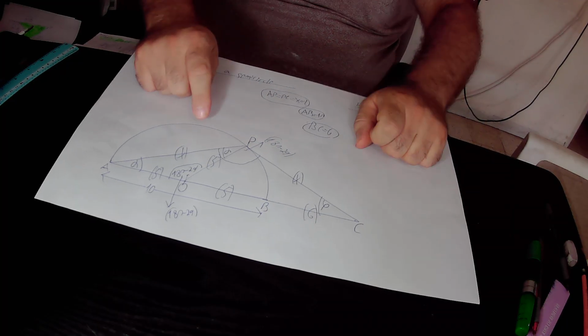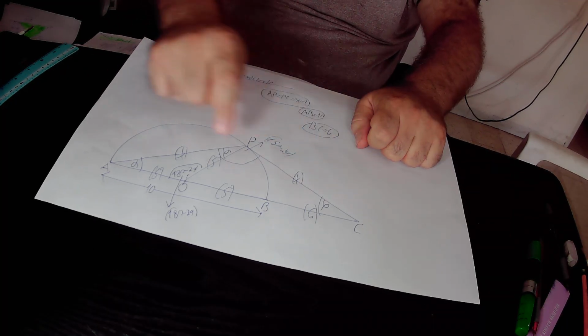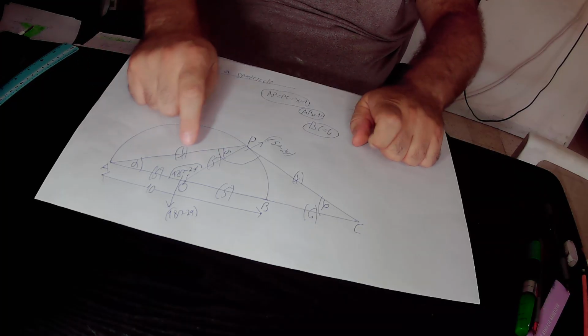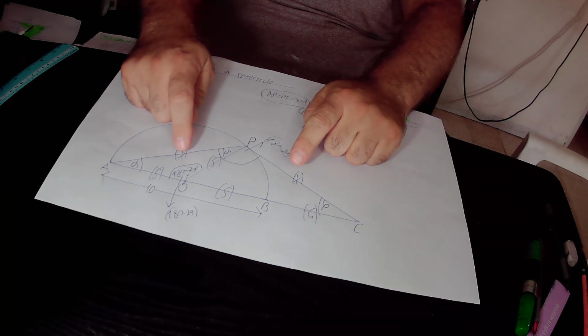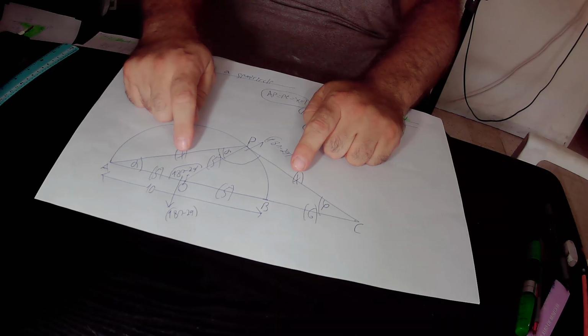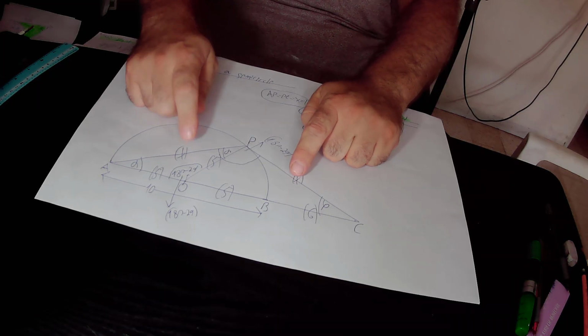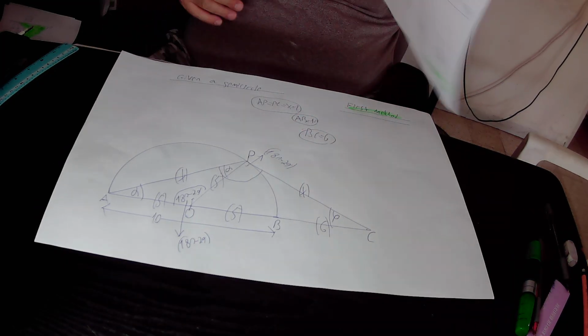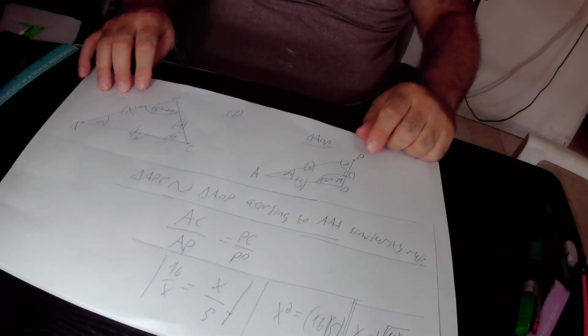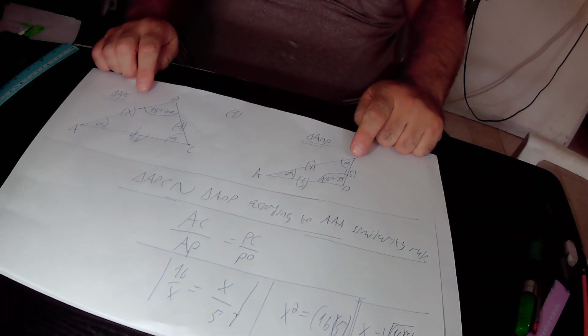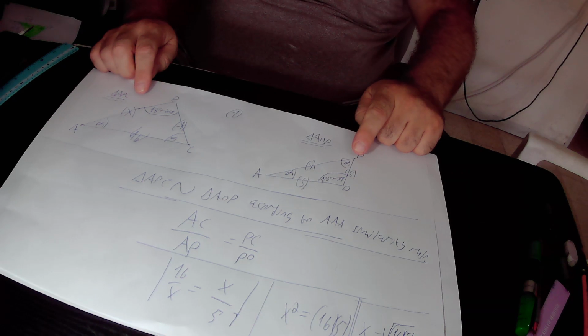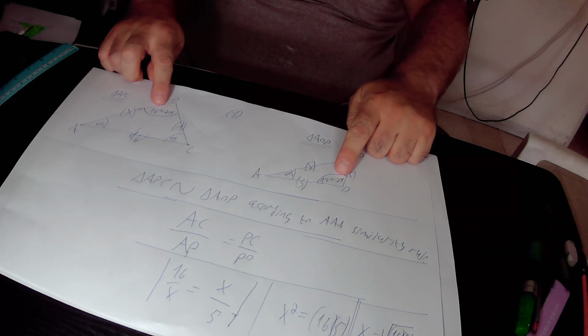In the next step I call it the big isosceles triangle, triangle APC, and the small isosceles triangle, triangle AOP, and we prove that those two isosceles triangles are similar to each other according to angle similarity. So those are the two isosceles triangles that are coming from the original drawing. Why are those two triangles similar to each other? First of all, those two angles are both equal to 180 degrees minus 2 alpha, therefore they are equal to each other.